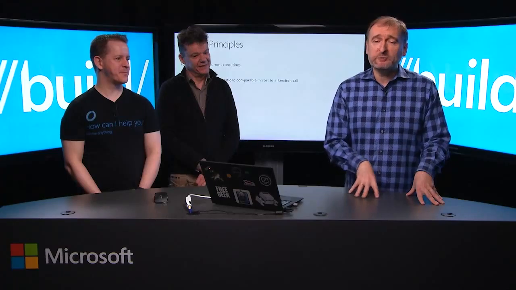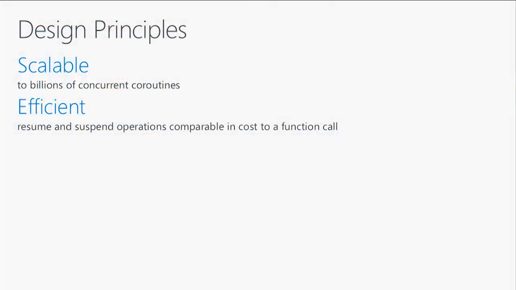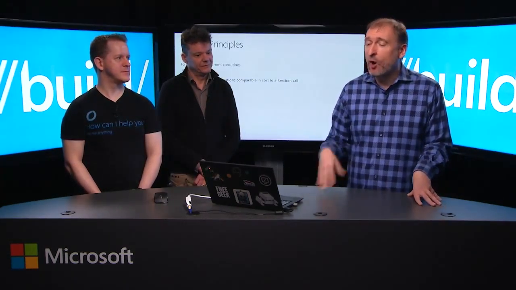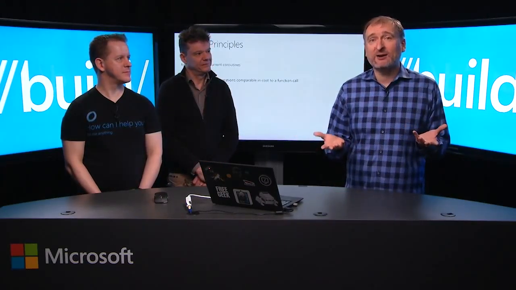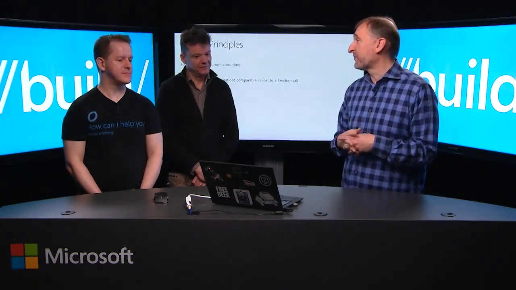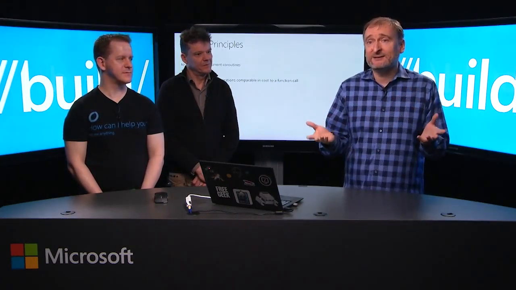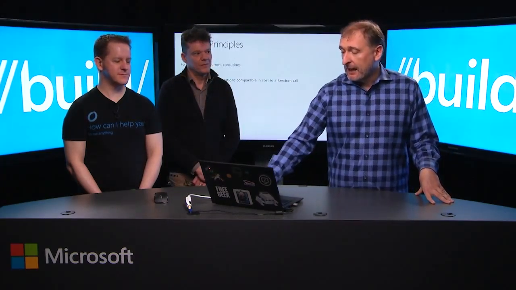Also, we wanted to make sure that coroutines do not bring any undue overhead. So if the task at hand can be solved nicely with coroutines, you shouldn't think twice. Just go and use coroutines, because the overhead of suspension and resumption of the coroutine is comparable to the overhead of calling a function. In fact, when a coroutine is inlined, essentially it disappears. There is no overhead at all.